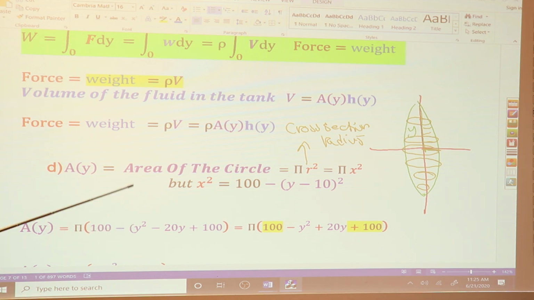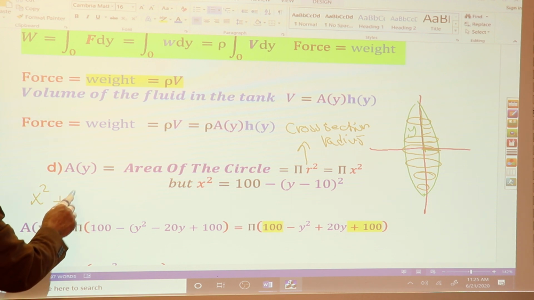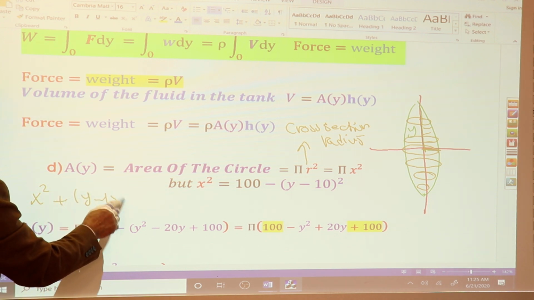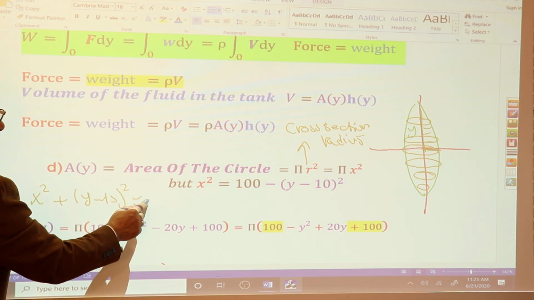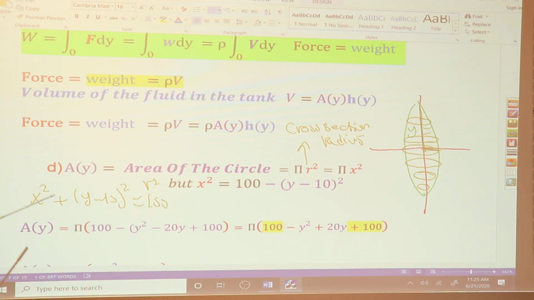Solving for x squared from the equation of the circle. But x squared, how do you get this formula? Because, if you remember, x squared plus y minus 10 squared equals 100, r squared. Then when you move the y minus 10 squared to the other side, it becomes minus. Then x squared equals 100 minus y minus 10 squared, good job.